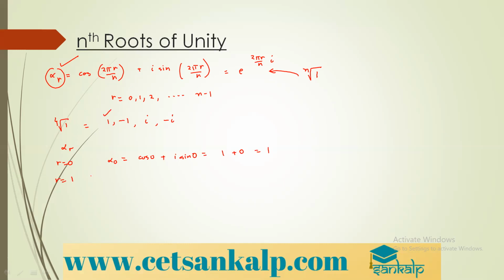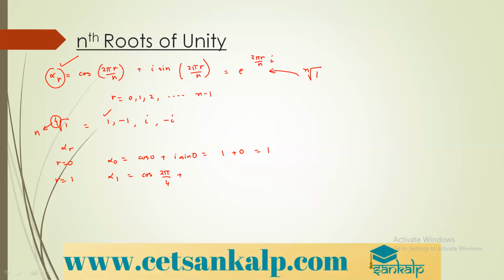I'll put r as 1. So alpha 1, what will I have? Cos, because r is 1, 2 pi by 4. Remember, I am finding fourth root of unity, so n is 4. Nth root of unity, fourth root of unity.